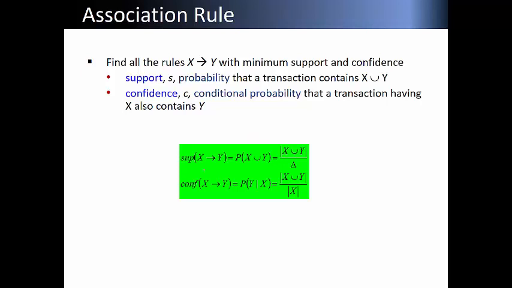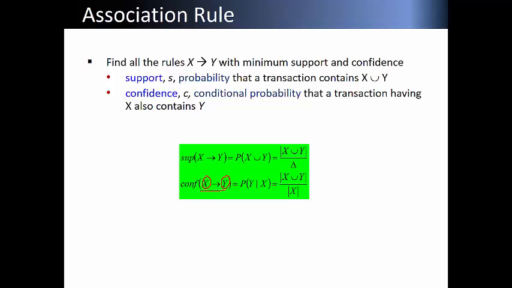As I said here, support is the probability that a transaction contains X and Y together. Confidence: once X occurs, what percent of the time does Y also occur?